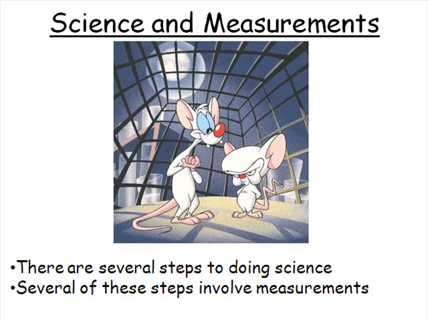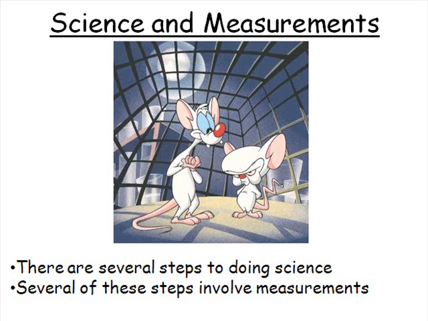Right. Let's explore in this video the notion of science and its uses of measurements. The act of doing science involves many different things: the design of experiments, comparison of one's results to others' results that are out there, formulation of hypotheses.